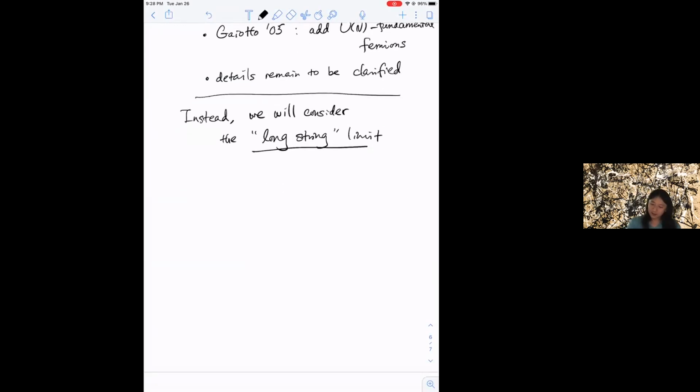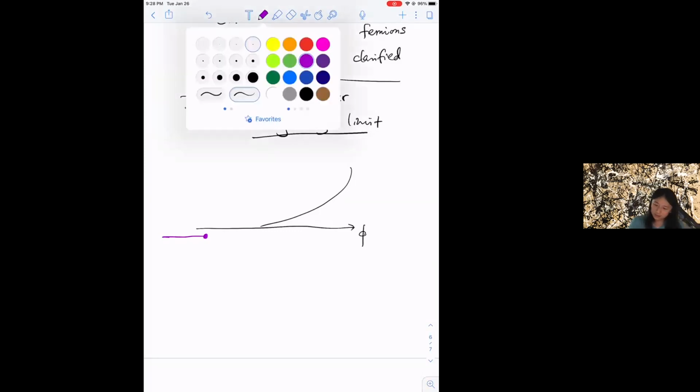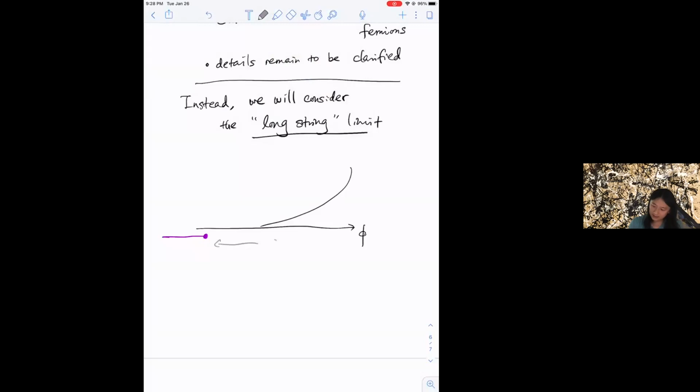So again, let me draw the picture of the space-time. Here's the Liouville potential. And we've got this brane over here. So this brane terminates at some point. I'm going to take the limit where this parameter s goes to infinity.